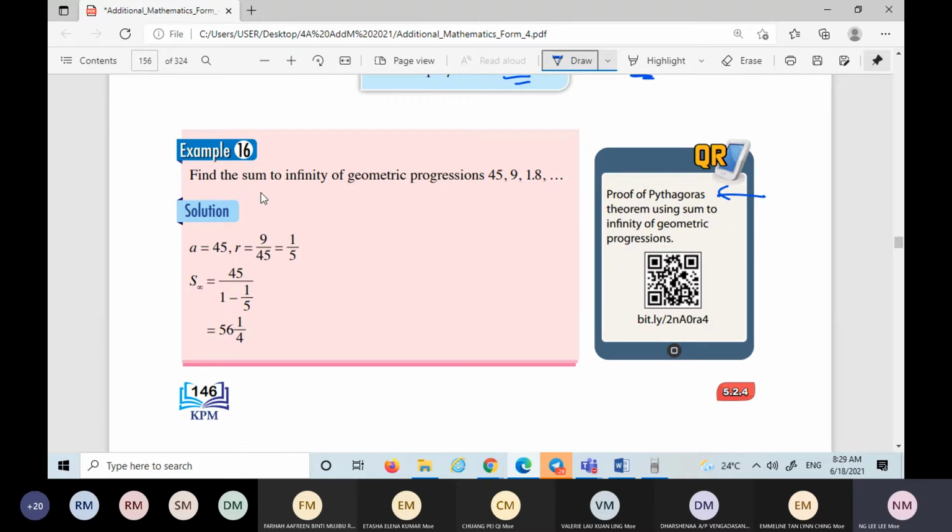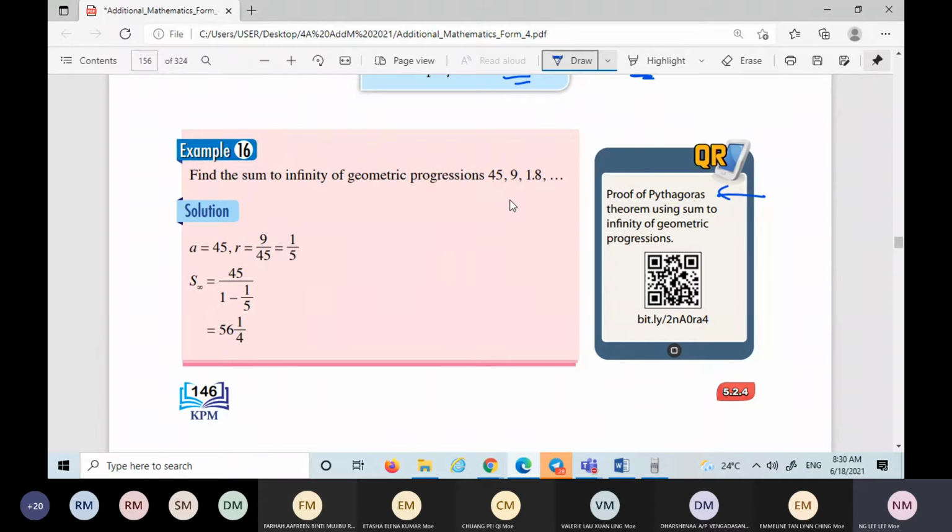We come back to the example. Find the S infinity for 45, 9, and 1.8. When you see a question that asks you to find S infinity, you will see the progression is getting smaller. This type of progression, yes, you can find S infinity. For example, the bouncing ball experiment.